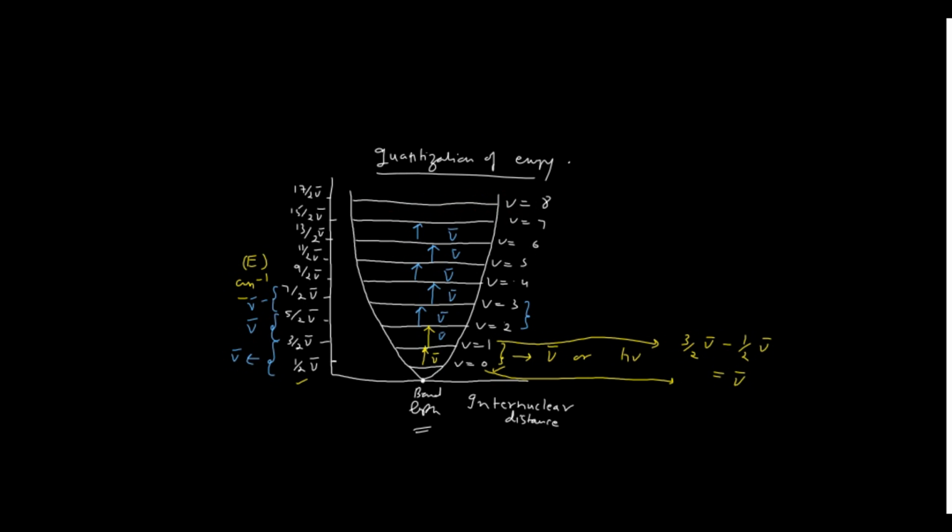But we know that at large internuclear distances, if the stretching is too high, the true potential energy represents the bond dissociation energy. That means you cannot have any value of the energy corresponding to the stretching, because if you stretch the bond too much, then it will break.